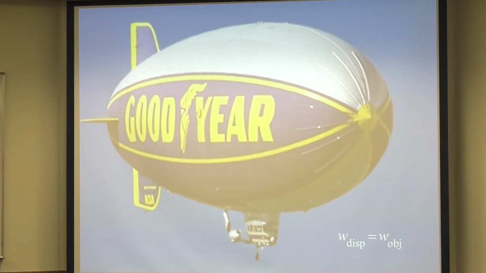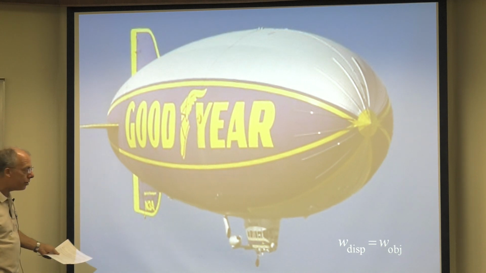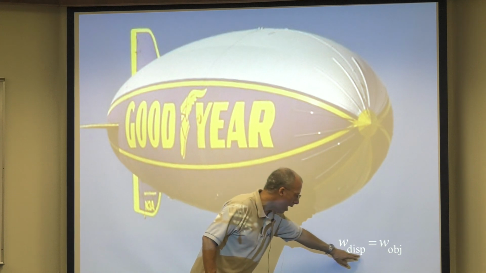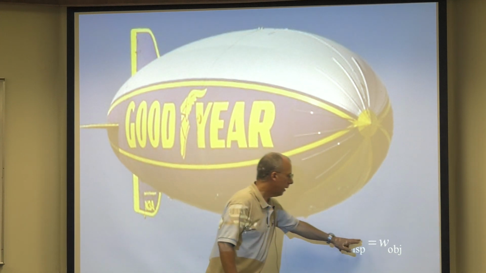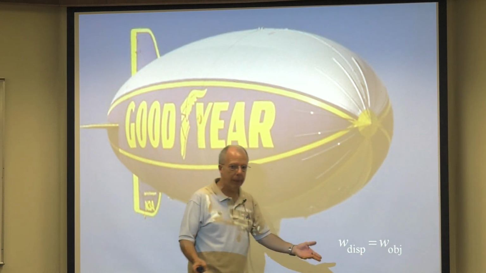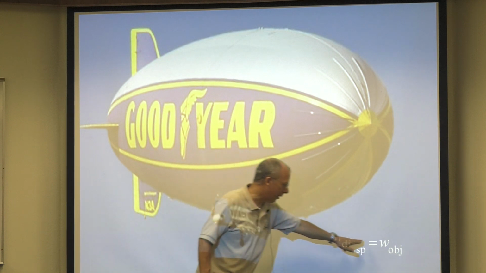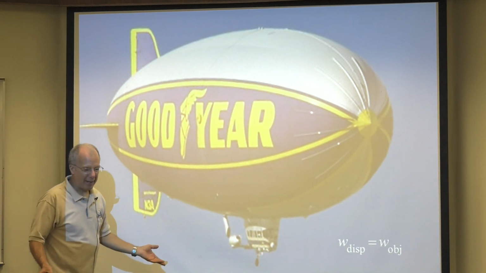So here is a blimp, the Goodyear blimp. I mean, it's floating, but why is it so large? Because the weight of the air that it displaces is the weight of the object. The weight of the object is a reasonable thing, but air doesn't have a lot of weight, agree?